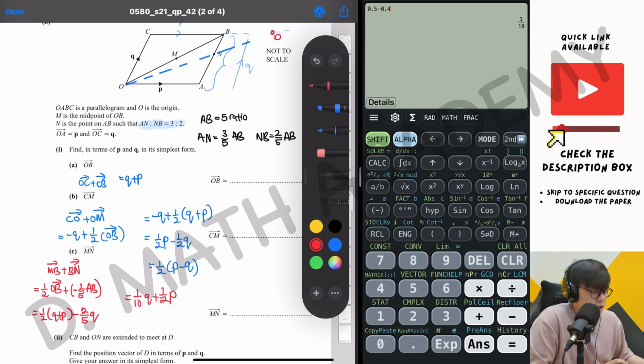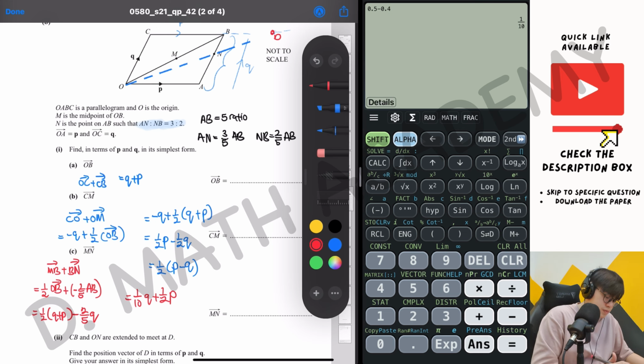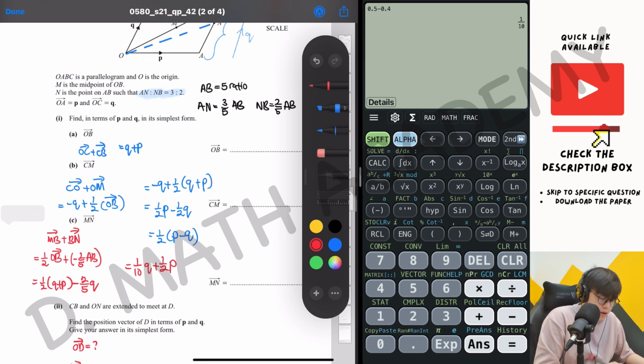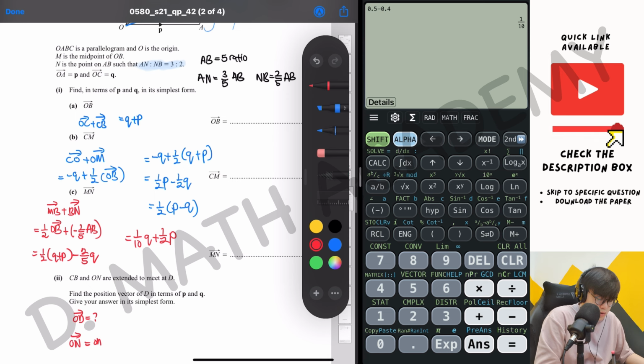To get there, I will first need to know my ON value. ON is actually OA plus AN.